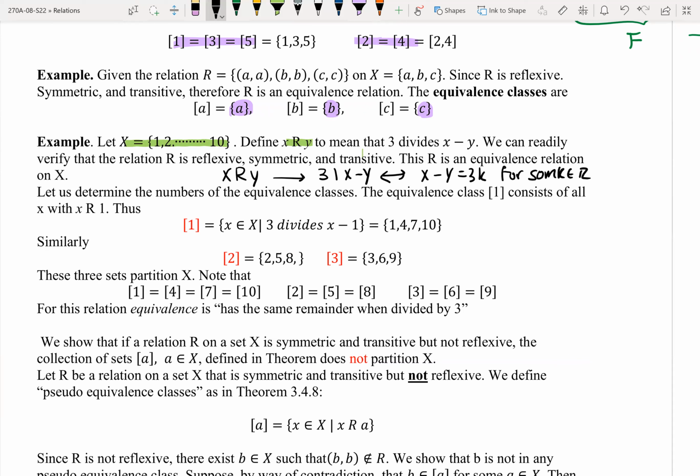Like 4 and 1. I'm looking for you guys to give me one example.